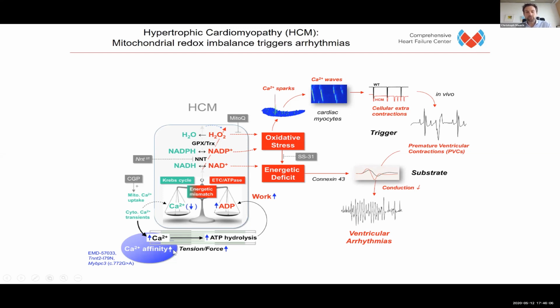But a very recent development is, of course, a very personalized approach to inactivate the myosin ATPase by myosin modulators, which tune down myosin activity and thereby tune down ATP hydrolysis without having adverse effects on the vascular resistance, such as calcium antagonists would have, for instance.